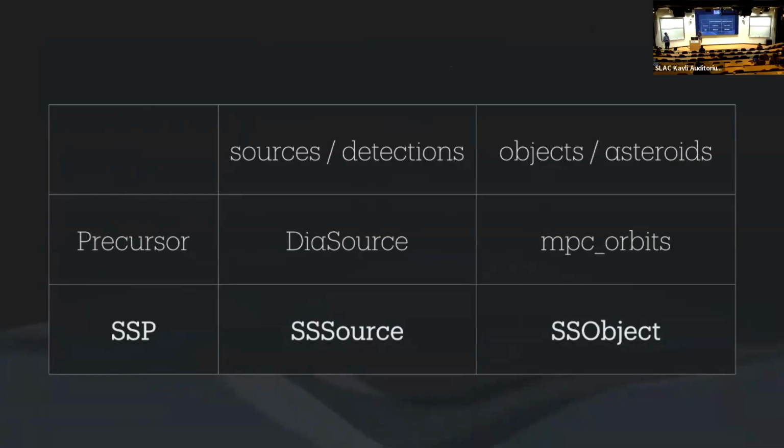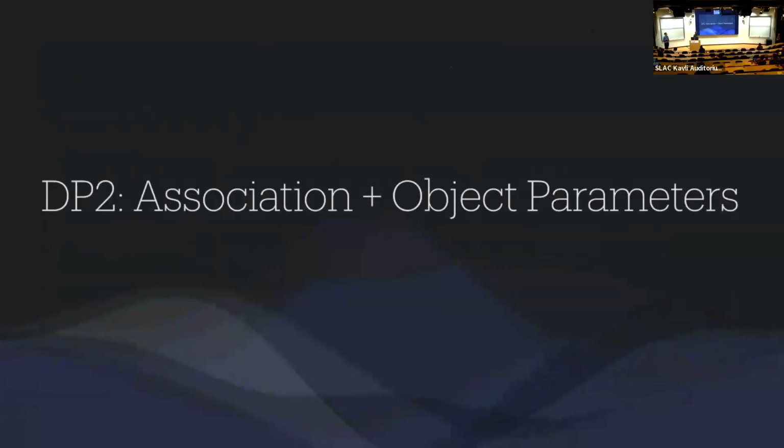It's just the data product. SS source is not the idea of any solar system associated source. It's the DIA sources in DP2 that are associated to solar system objects. But we have a lot of MPC transient sources that are not going to be represented anywhere in DP2. And life gets a lot simpler at DR1, right?